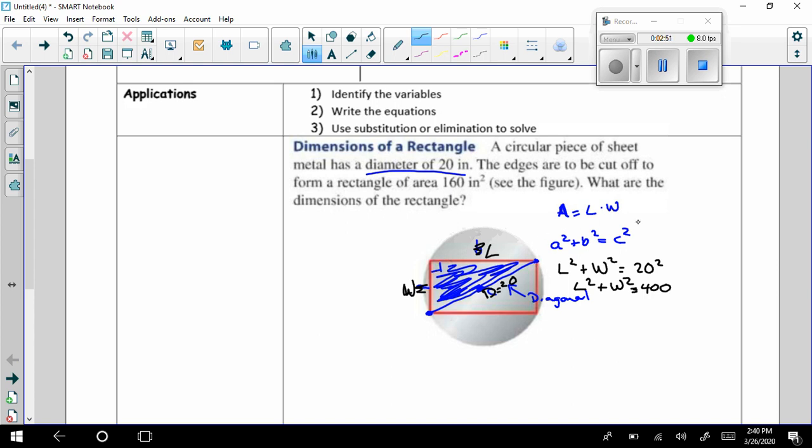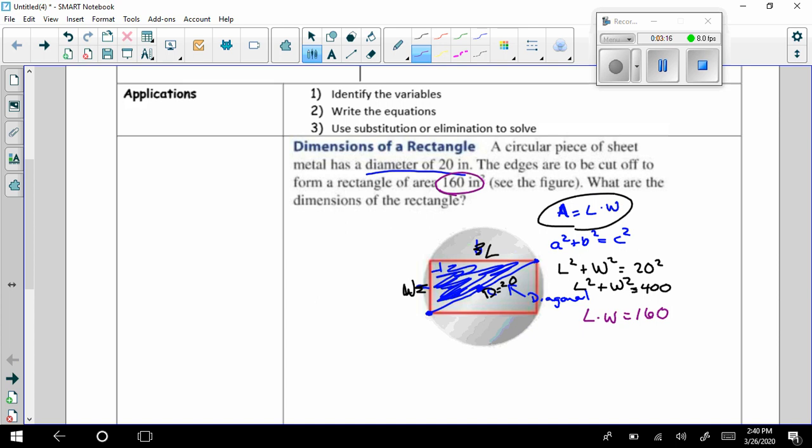We also know that the area is equal to length times width, and we know that the area is 160. So we can say LW equals 160. This is an elimination or a substitution problem. Because of the multiplication of these two variables, I would use substitution.